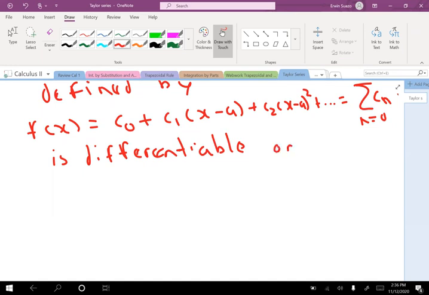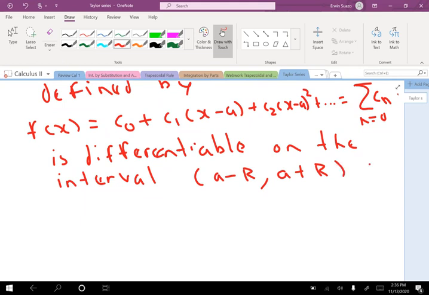On the interval a minus r, a plus r, and the derivative is what we said. F prime of x is just the derivative term by term.